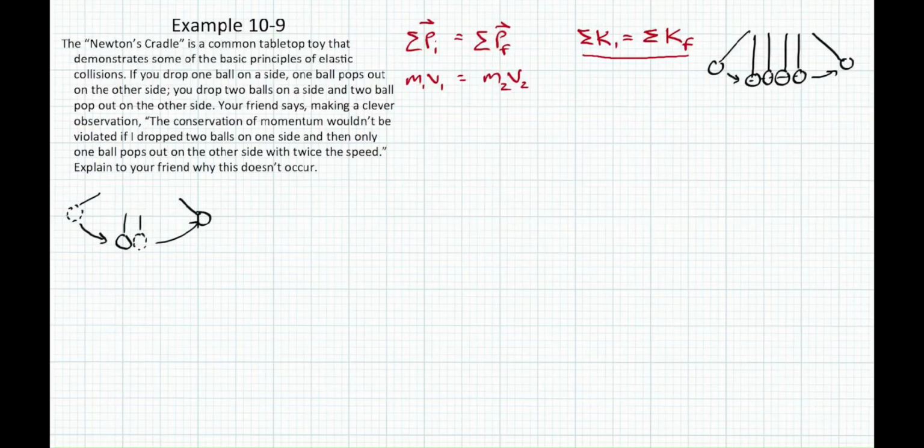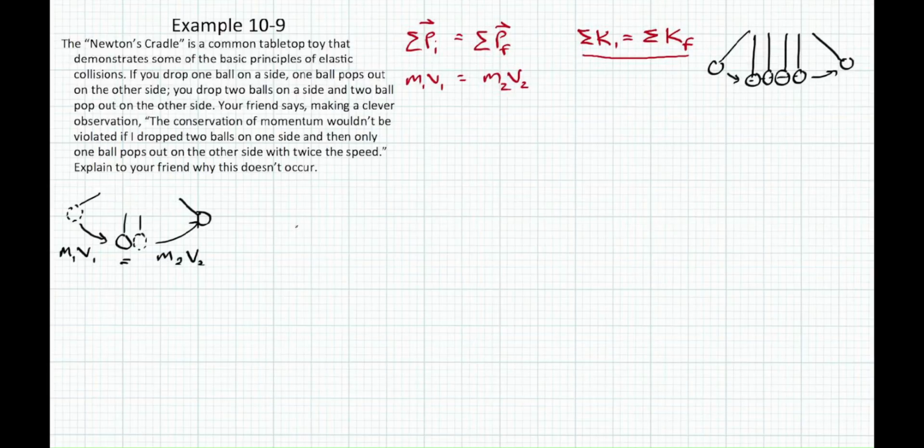Okay, so right before this collision, we have a mass and a velocity, and afterwards, with this elastic collision, we have another mass, which is the same mass, times another velocity, which, well, it's not another velocity, it is the same velocity as before. You've seen these work. The same distance you pull it back is the same distance that this ball bearing flies up on the other side. So momentum is conserved.